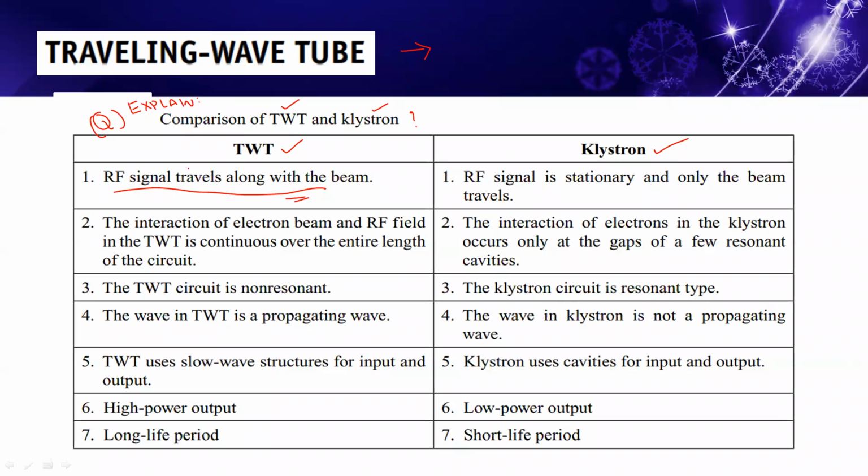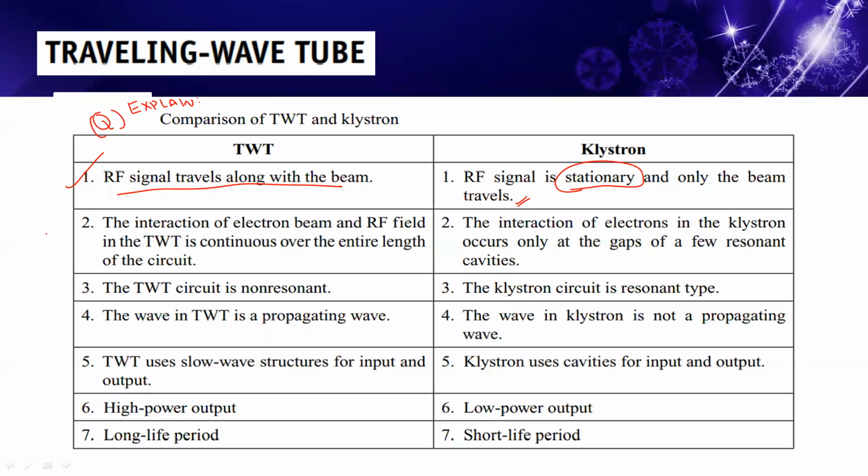That's why radio frequency signals travel along with the beam. Clear? Whereas in the klystron, the radio frequency is stationary and only the generated electron beam is transferred. Clear? That is the main importance of the traveling wave tube and klystron.